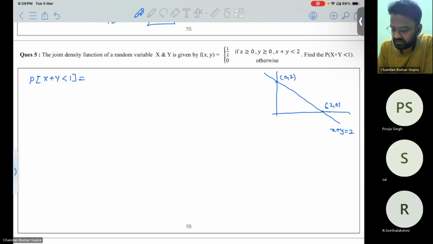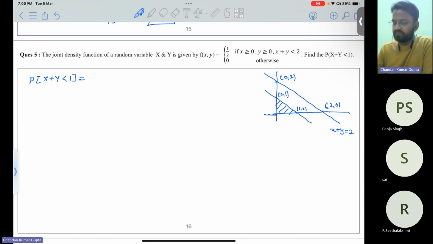That means the region below the line x plus y equals 1. We need to calculate the probability of this region. This is (1, 0), and this is (0, 1).